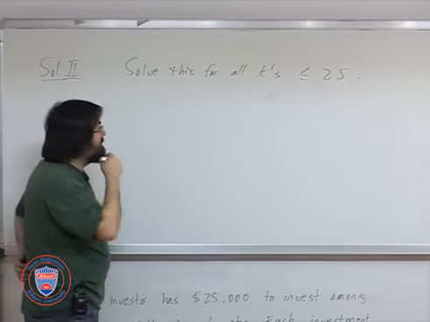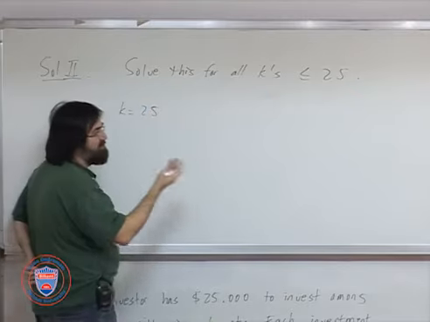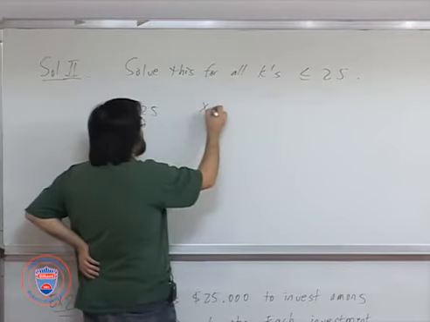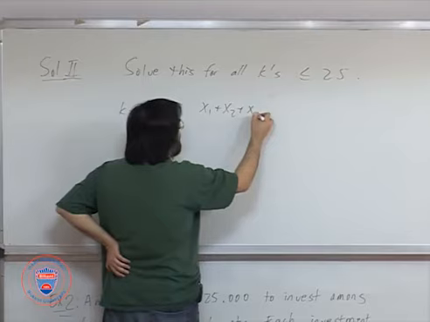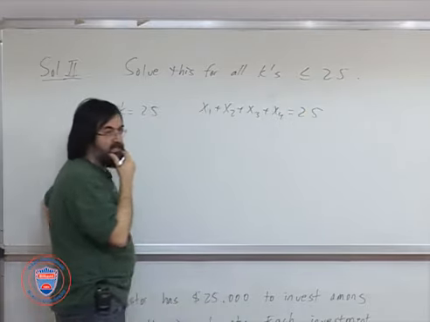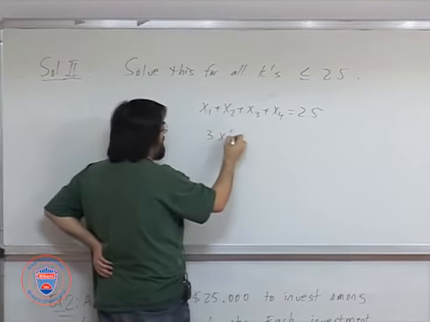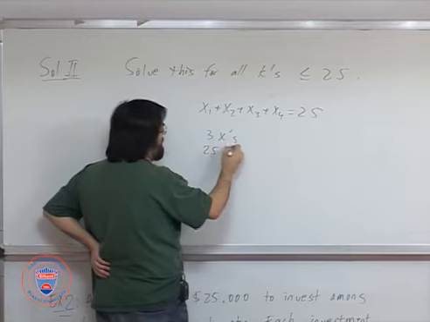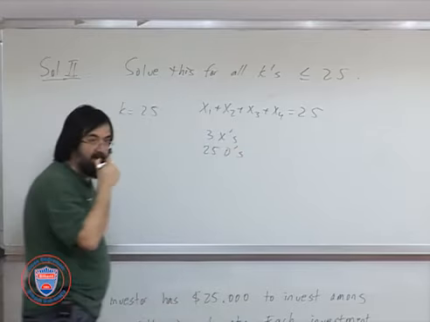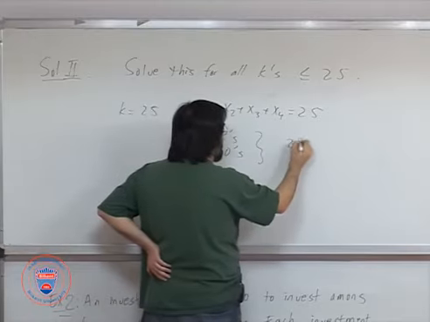Right? So for 25, what will the answer be? So you're solving this equation. Now you have 3 x's and 25 zeros. So the answer is 28 choose 3.